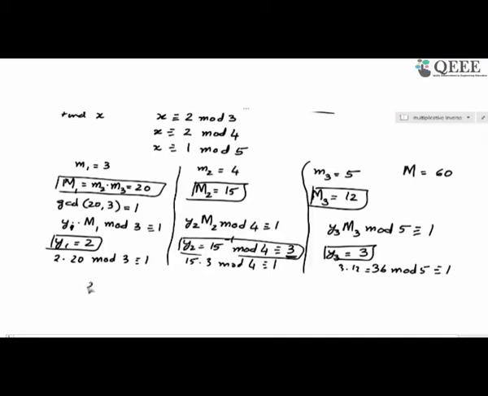So by the Chinese remainder theorem, x will be a1 y1 M1 plus a2 y2 M2 plus a3 y3 M3, the entire thing mod 60.